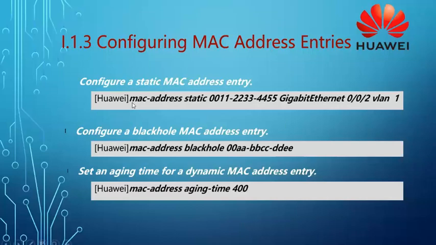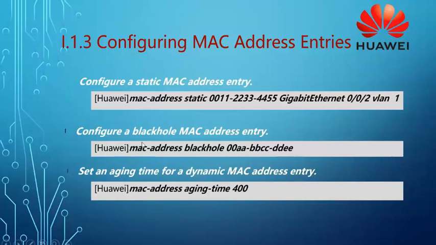The command is mac-address static, and we put here our MAC address, the port it belongs to, and the VLAN. Okay, so this is how to enter a new static MAC address and its information.